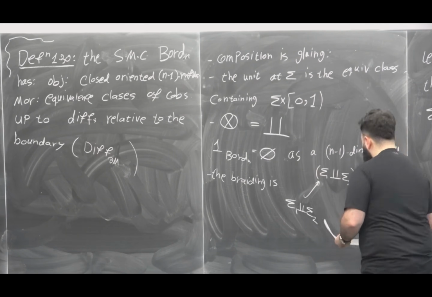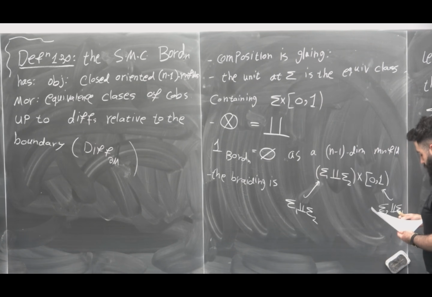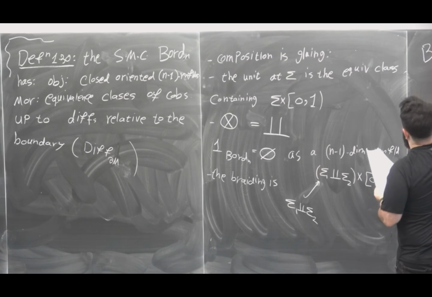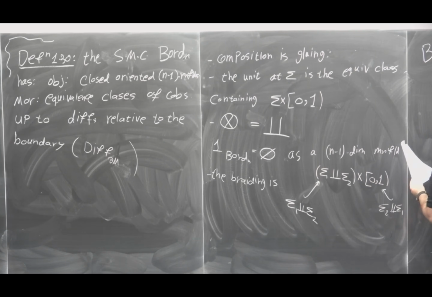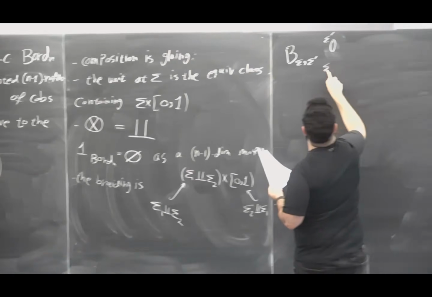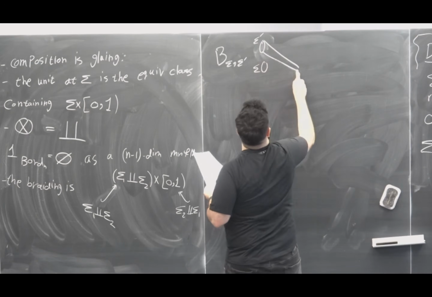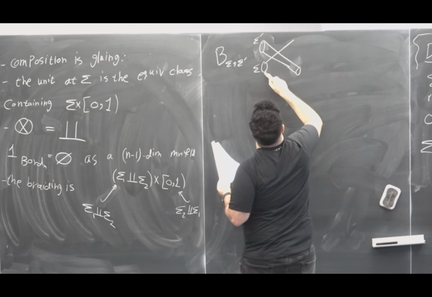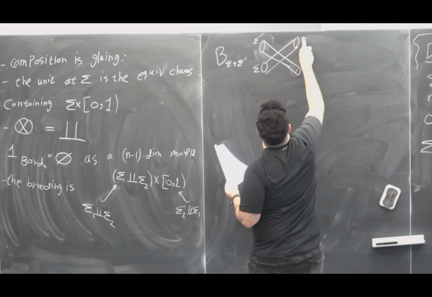It injects into here with braiding that looks like this. The braiding of sigma and sigma prime looks like I have two disjoint unions, sigma prime, sigma, and this is sigma and sigma prime.